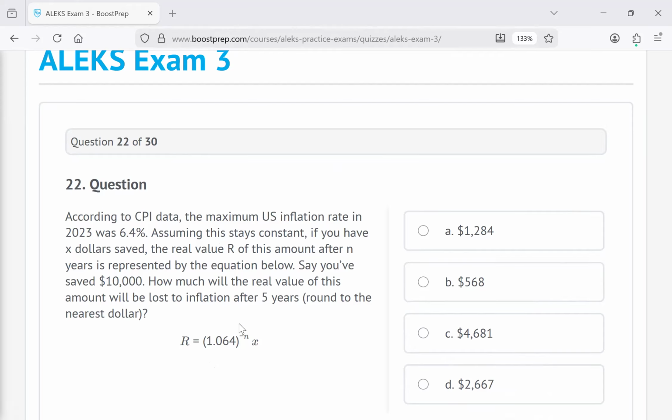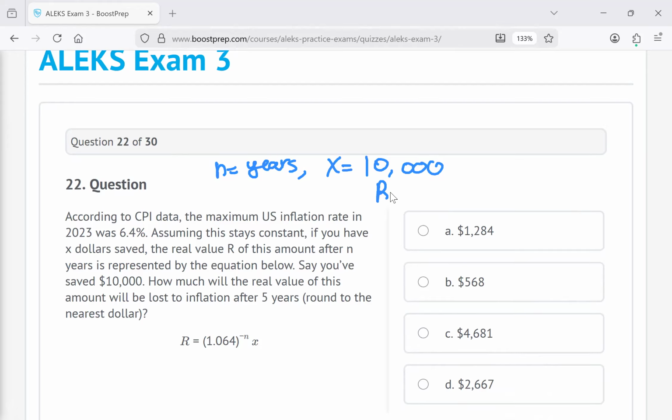So what is R, n, and X? Let's see. They say that R is the value, which is what we're trying to find. They say that n is your years, and then our x is the amount you save, so our x would be 10,000.